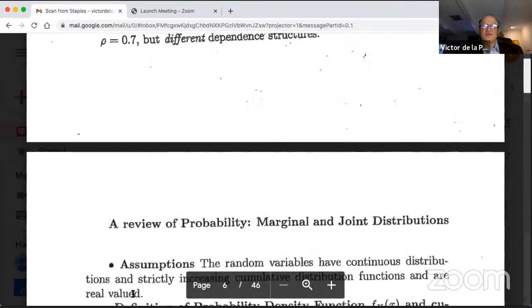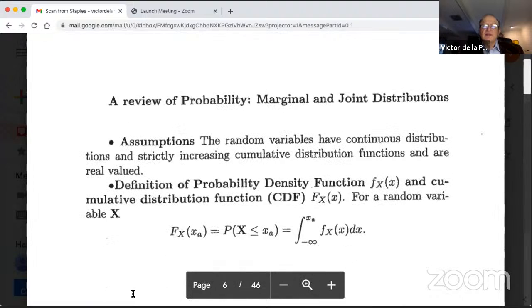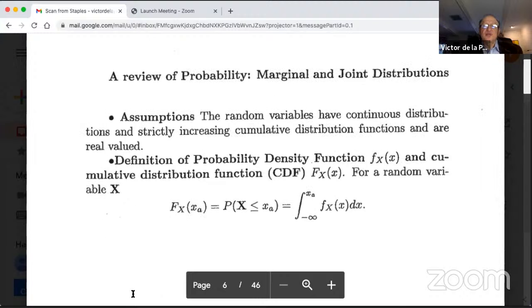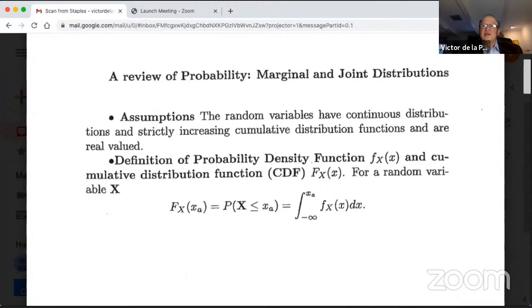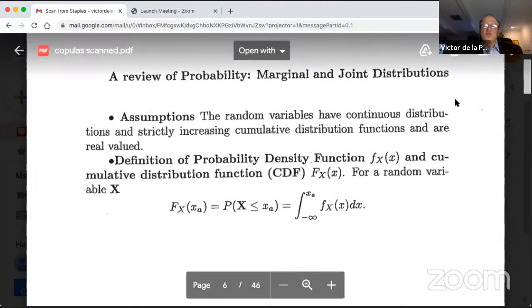You can break things into portions, but now, just to set the notation, I am going to start with some very basic things. So we have a probability density function f of x, and a cumulative distribution function, which is going to be called capital F of x at x alpha, which is the integral of the density up to alpha. It's the probability that X is less than or equal to x.